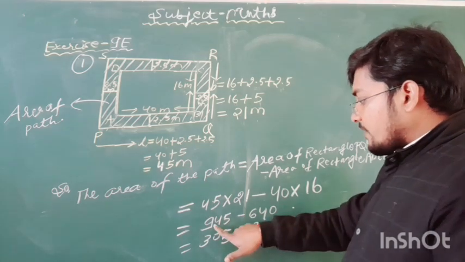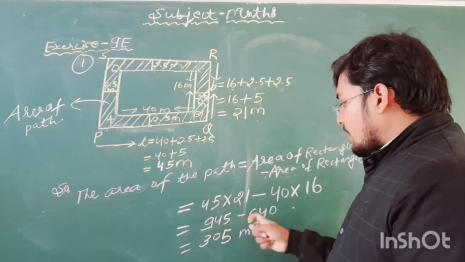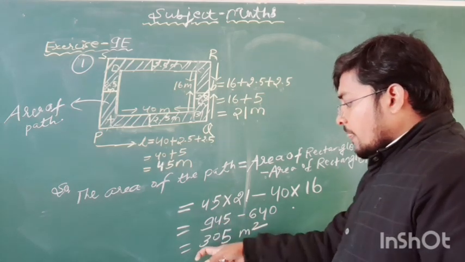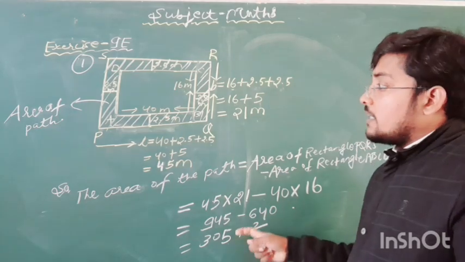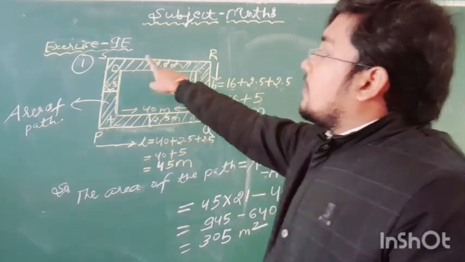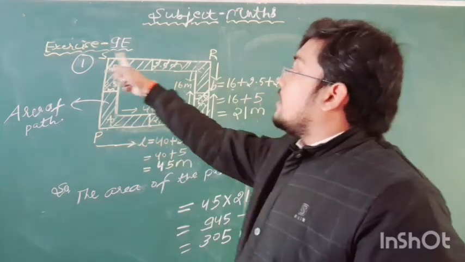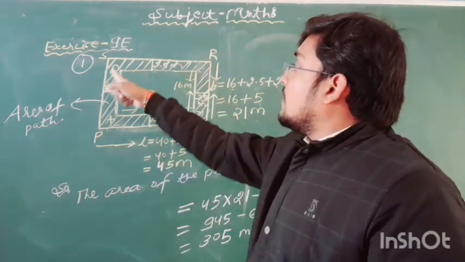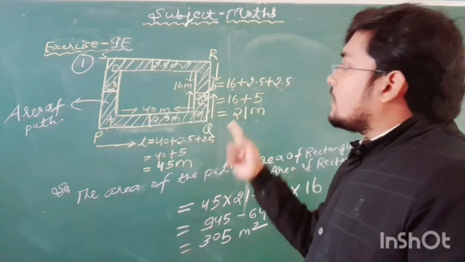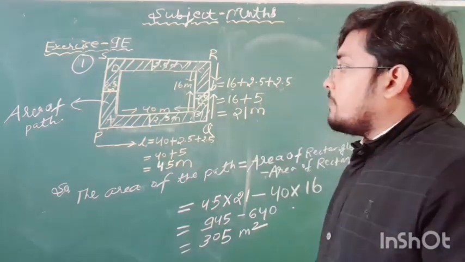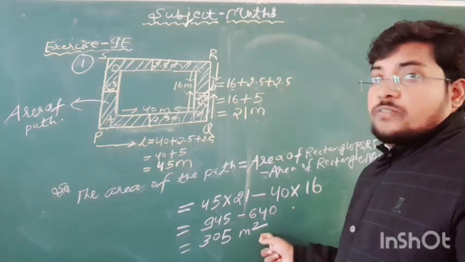Finally, the difference between 945 and 640 is 305 square meters, which is the area of the path, the area of the shaded region surrounding the rectangle ABCD. So this is the required answer of question number 1.